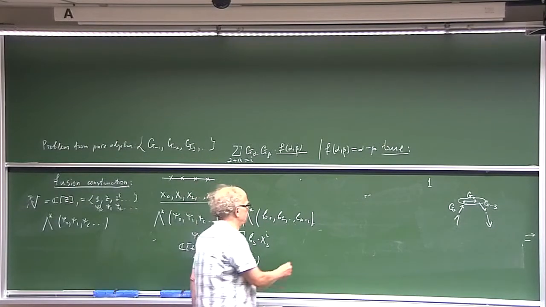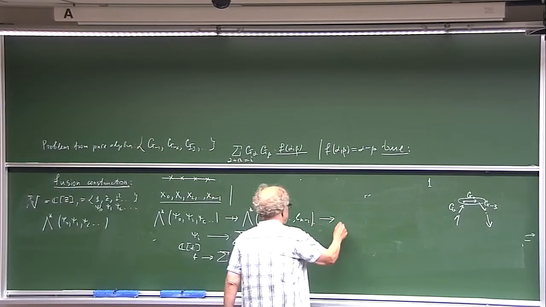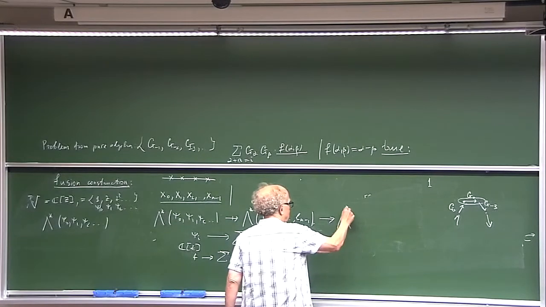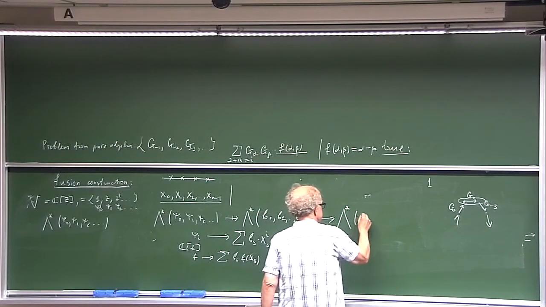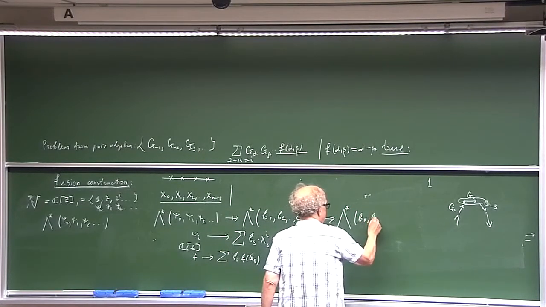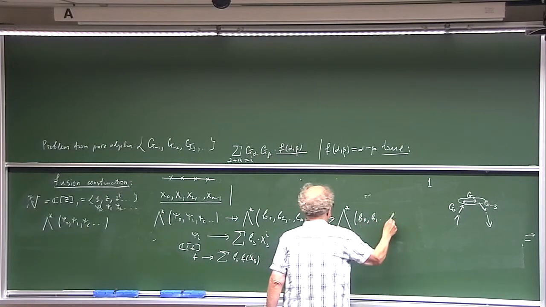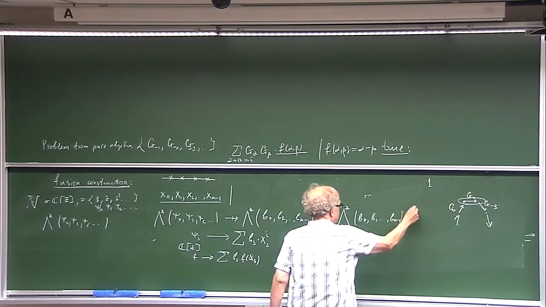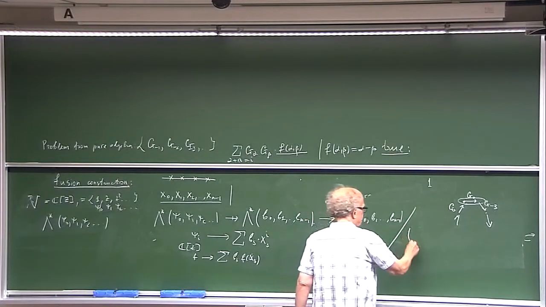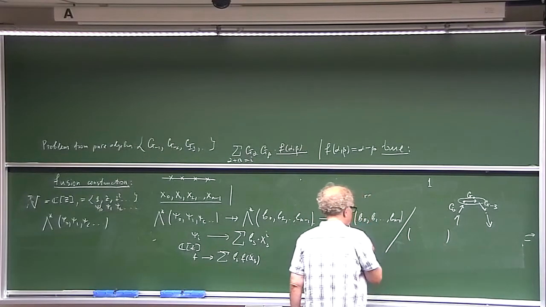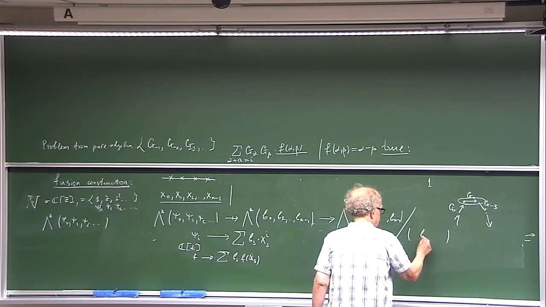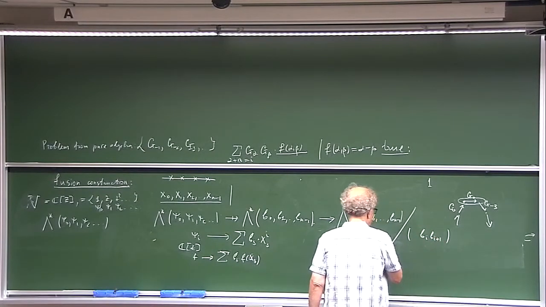And it goes to... I factorize it by the ideal which is generated by the product b_i b_{i+1} for any i.